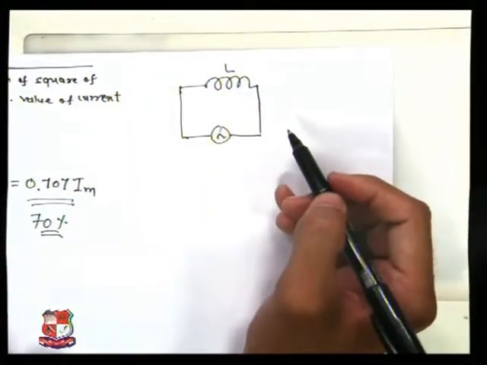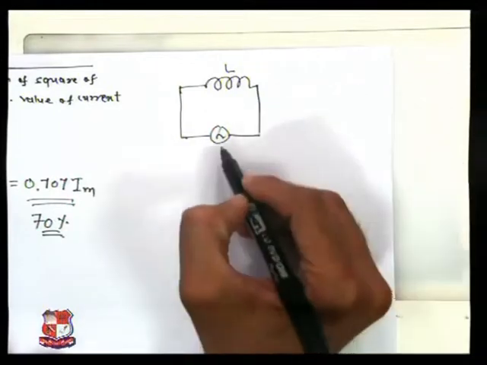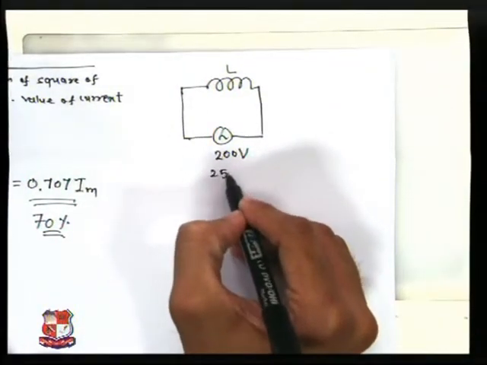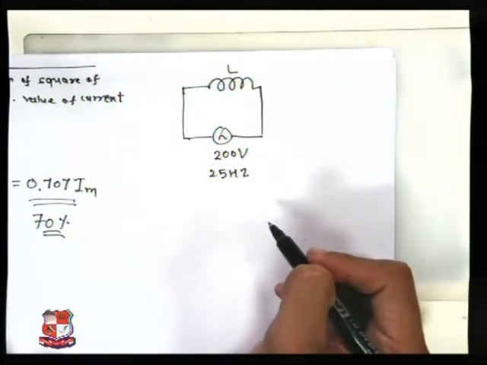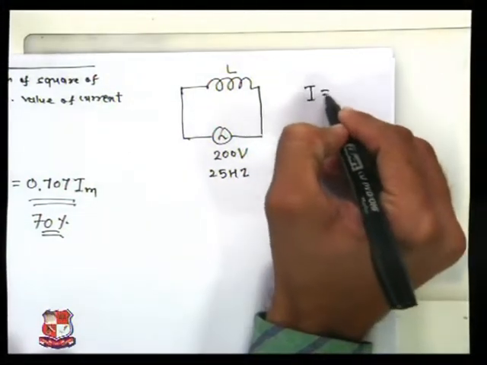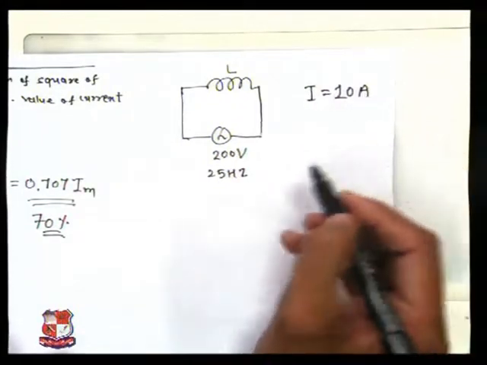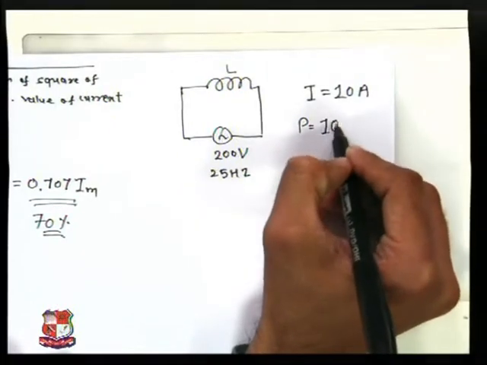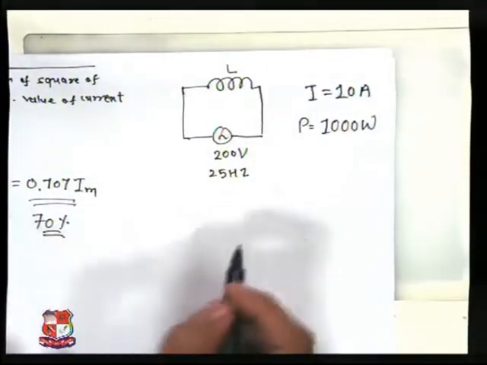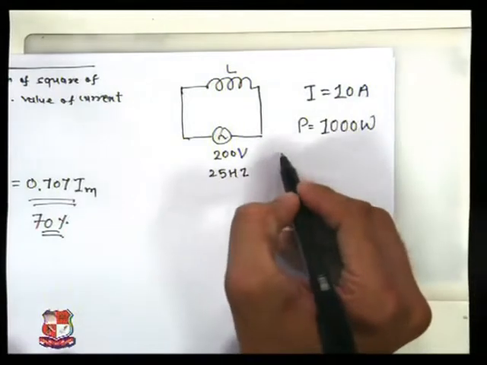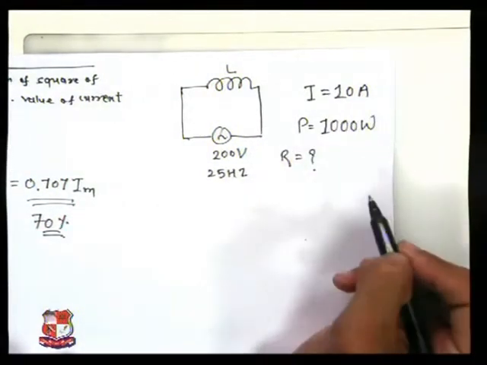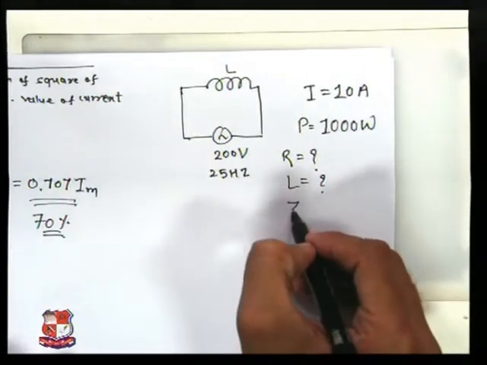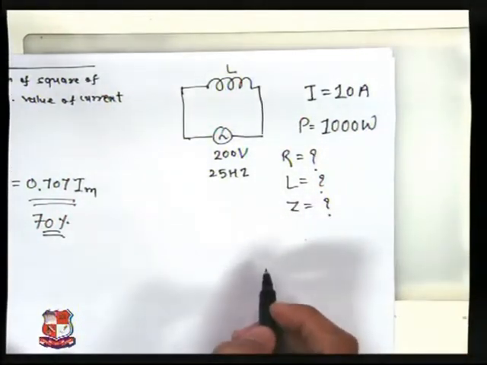Now the supply is 200 volt and 25 hertz frequency. It carries a current of 10 ampere. It consumes power of 1000 watt. Find out its resistance, its inductance and impedance value Z.